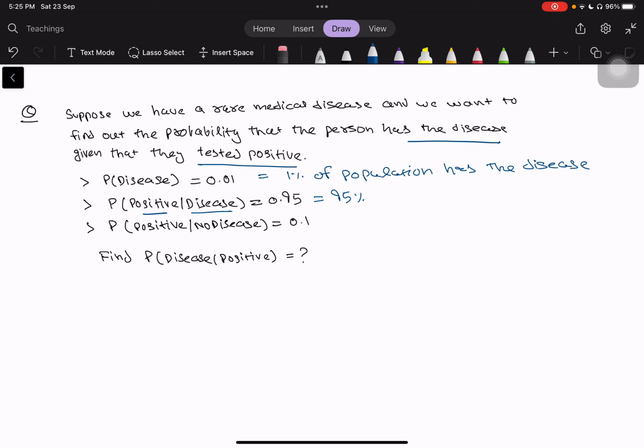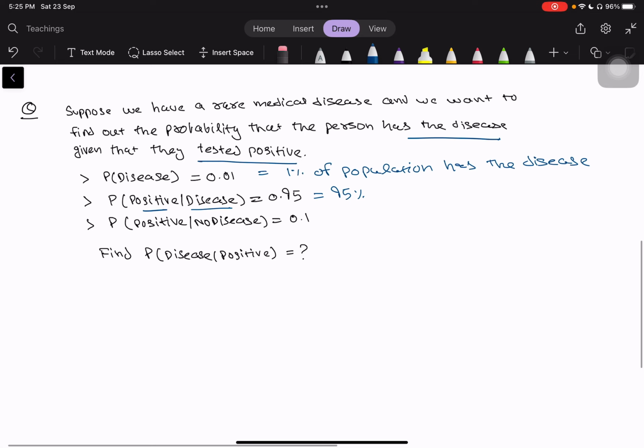So the probability that the person gets tested positive, given that they don't have the disease, is 10%. So the person does not have the disease and they might get tested positive. So the probability for that is 10%. We need to find out, given that the person has been tested positive, what is the probability that they actually have the disease, right?